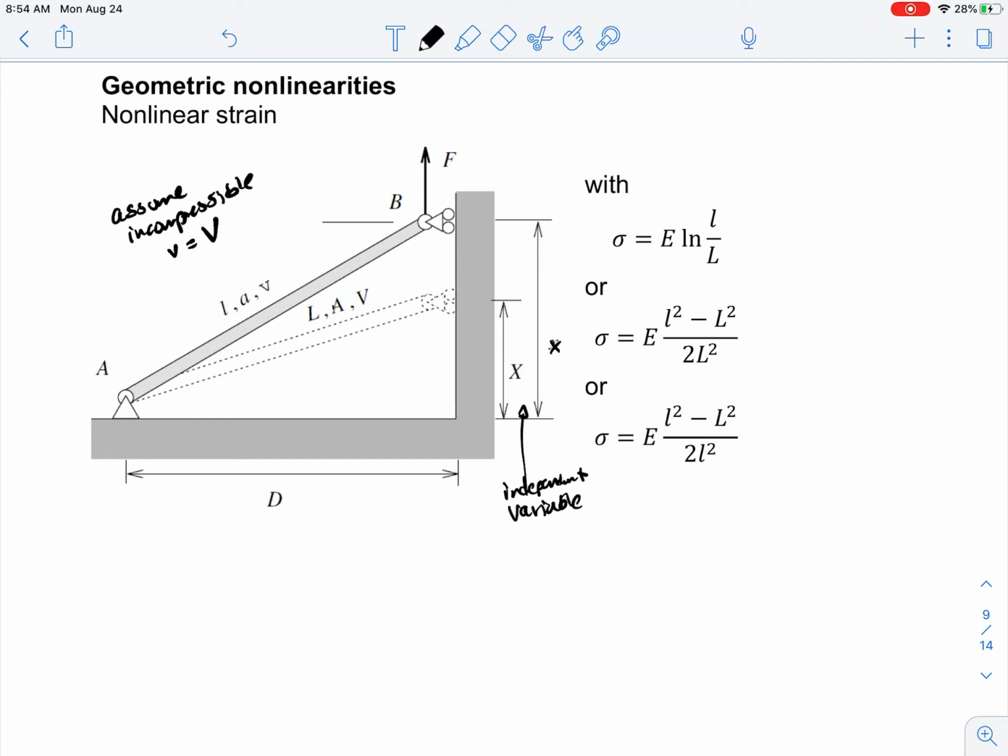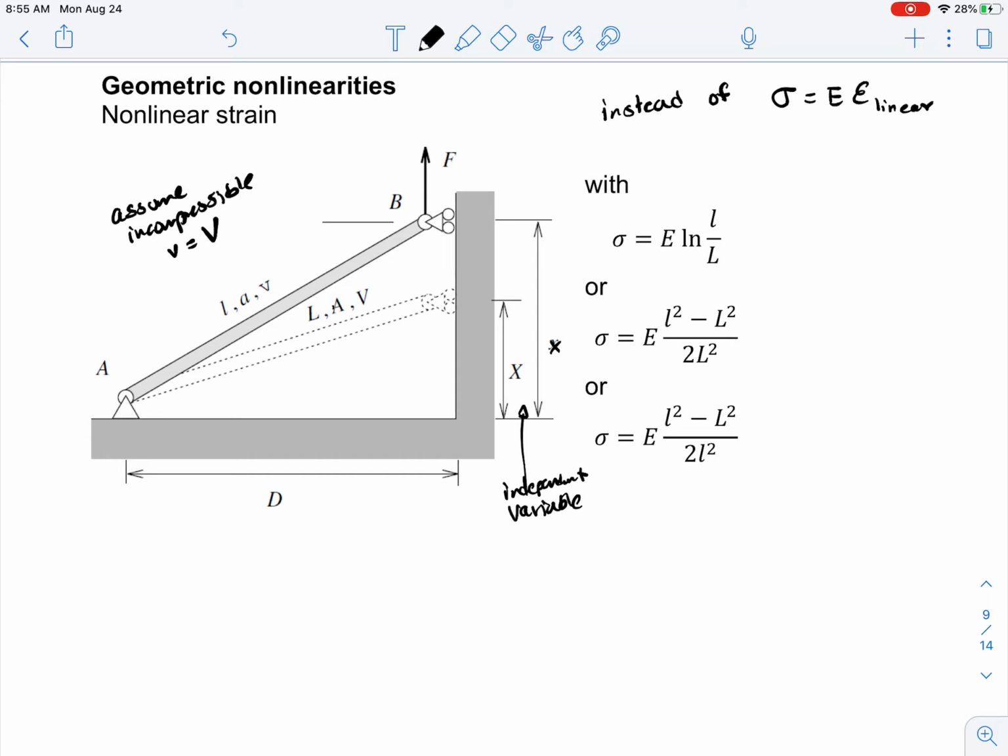And to calculate the stress in the bar, instead of the usual sigma, or the stress, equals Young's modulus times some function of the strain, we can use one of these definitions of the strain that we just introduced. So now we have the stress is a function of this nonlinear strain. So it's a linear function of the strain, but because the strain is nonlinear, it's going to be a nonlinear function of the variable x.